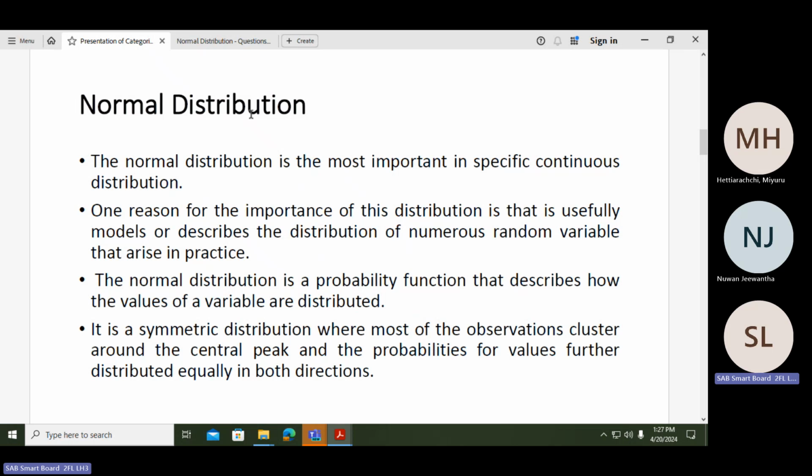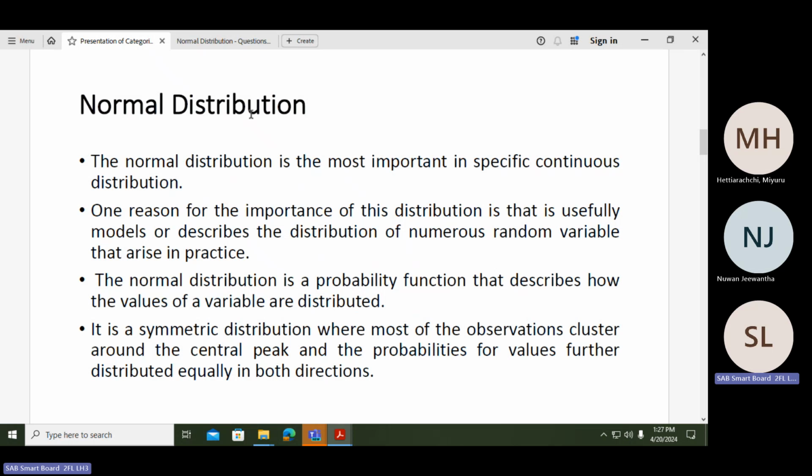Binomial and Poisson are initially distributed as binomial and Poisson, but finally we can approximate these two probability distributions by the normal. Therefore we can say the normal distribution is the important probability distribution.